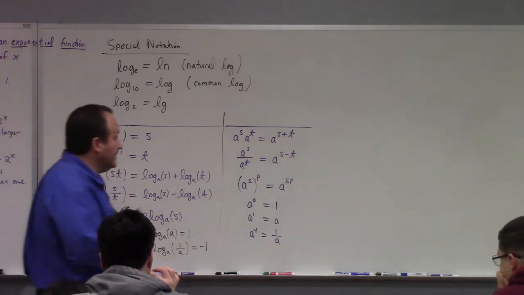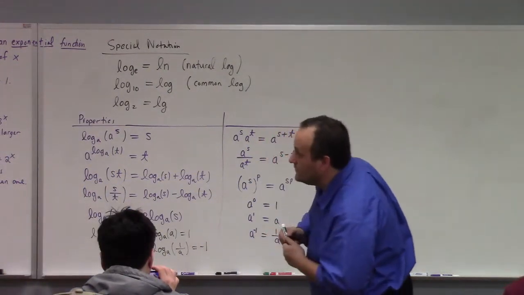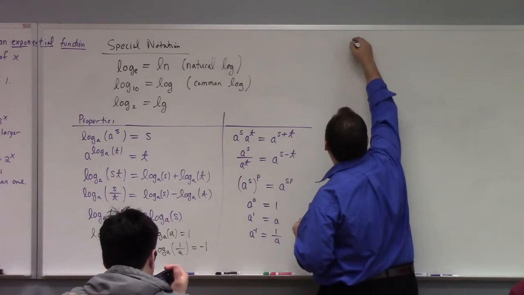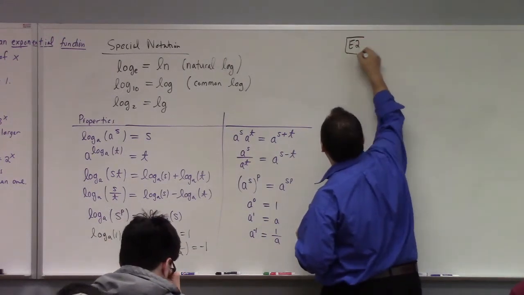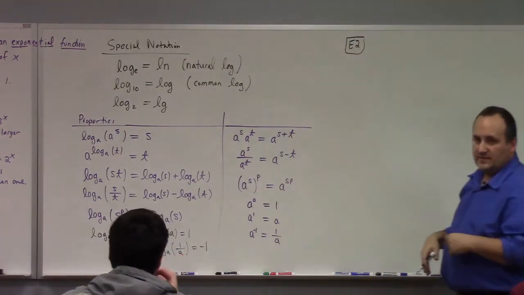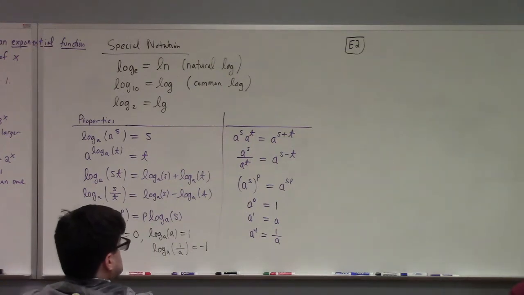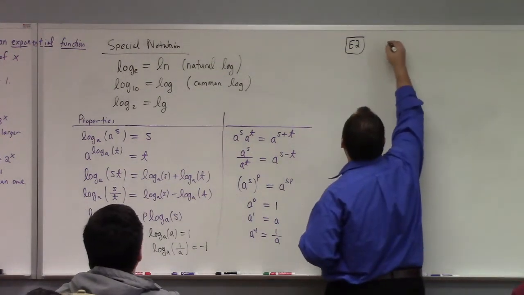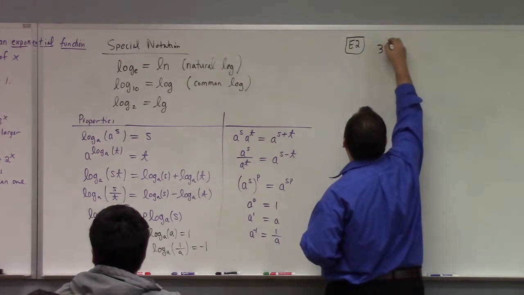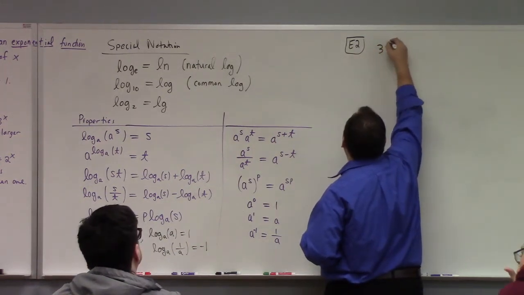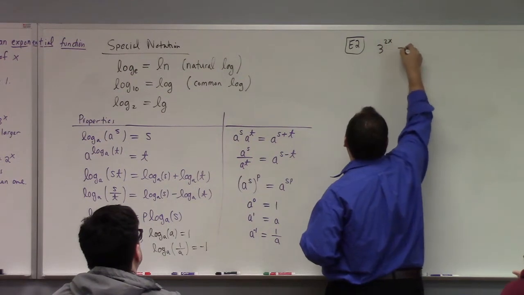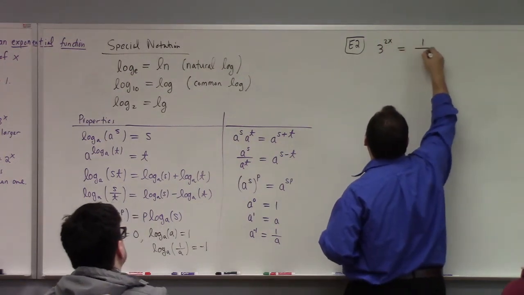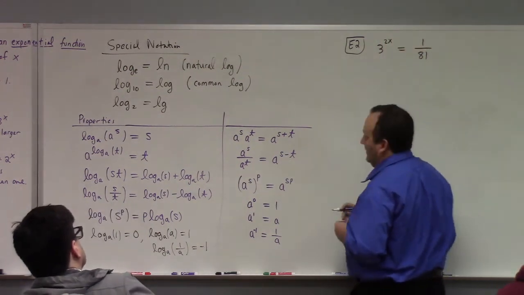So, example 2. What follows here, I'm going to use these properties to simplify things, to calculate things. Suppose I have 3 to the 2x equals 1 over 81. Can we solve this?